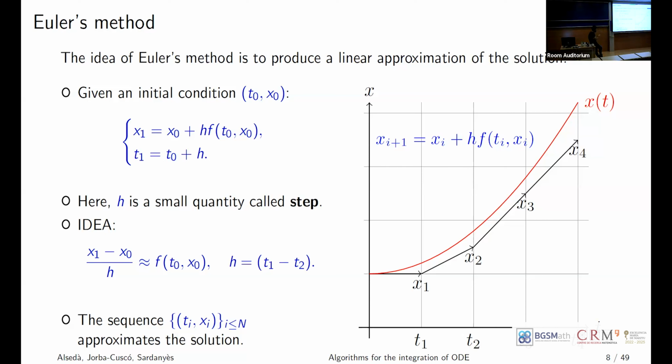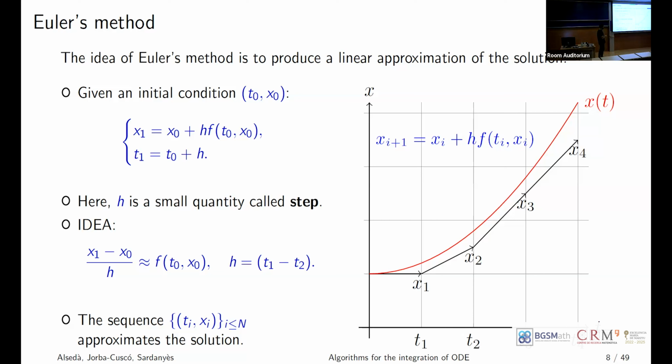So what did Euler say? Euler said x1, so the next point of the solution, is x0 plus h times the vector field. Now remember that the equation is x dot equal to f(x).